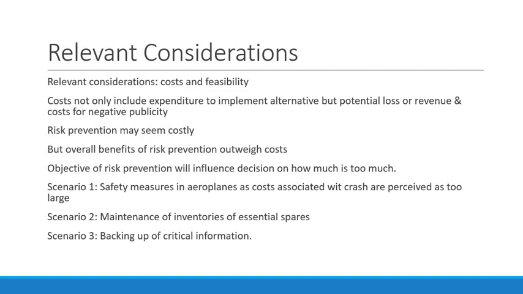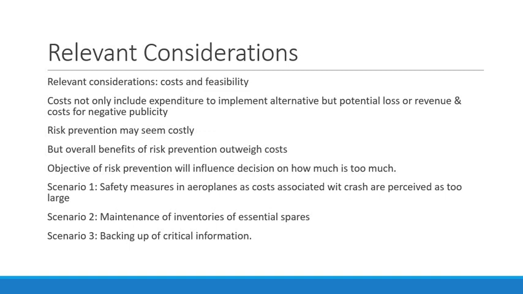Prevention of risks may be perceived to cost too much, but when compared with the overall benefit of the cost of overall benefits that risk prevention may provide, the cost of prevention is never too much. The objectives will influence the decision on how much is too much.